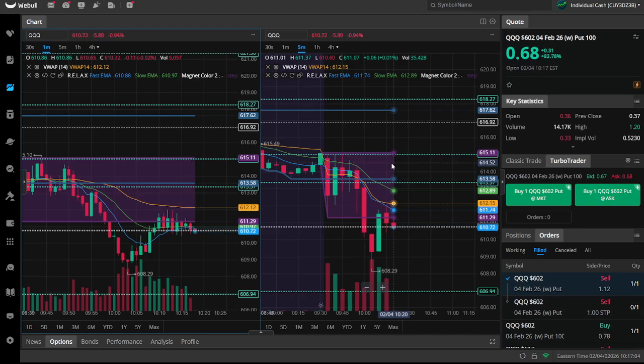Ordinarily, even if I'm really excited to trade, what I'm supposed to do is look at the chart while the opening range is being established.